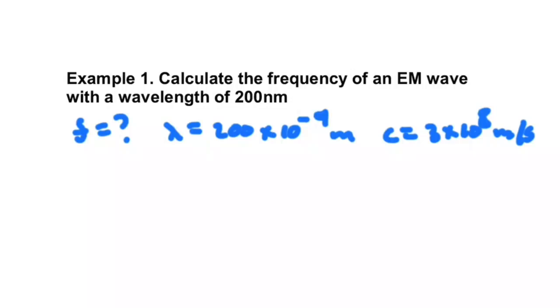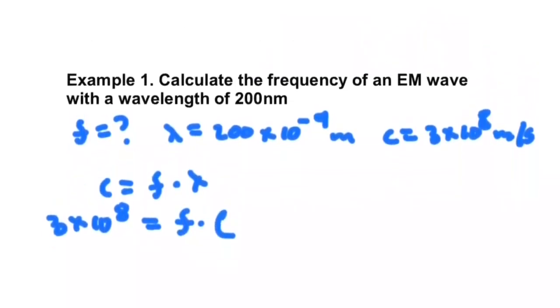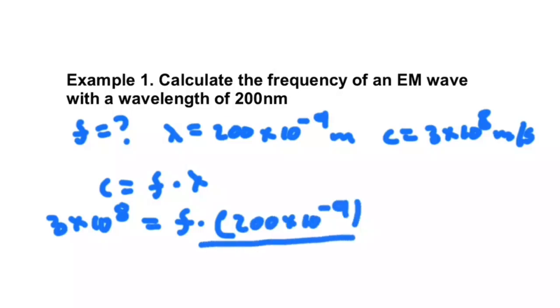We know that the speed is equal to the frequency multiplied by the wavelength. We have the speed, 3 times 10 to the power 8. The frequency is what you're interested in, and the wavelength is 200 nanometers, so that is 200 times 10 to the minus 9. All we need to do at this point is to divide both sides by 200 nanometers.